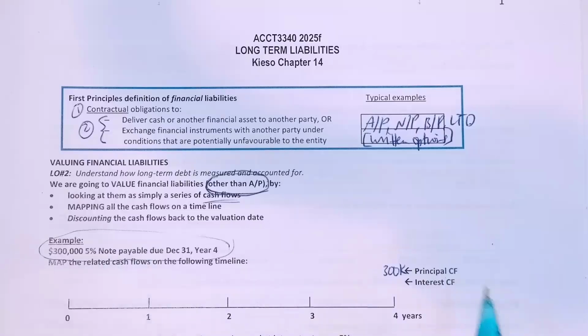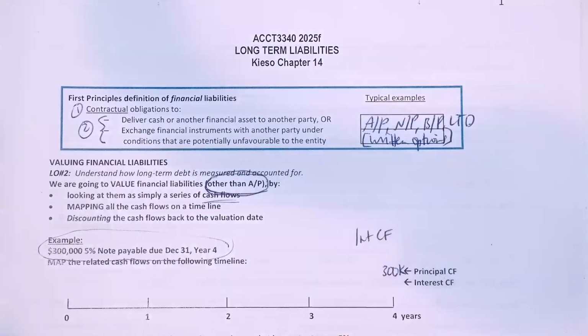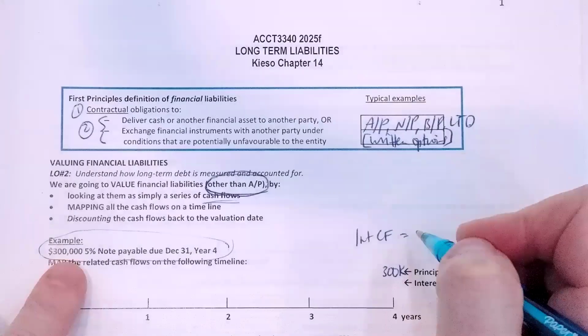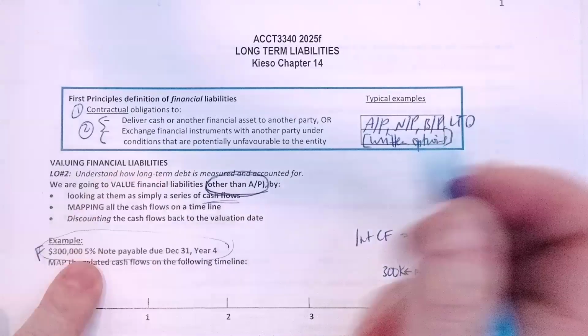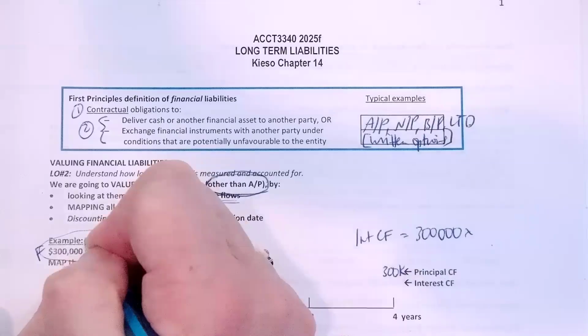So what would the interest cash flow be that is paid annually? What have we contracted to pay in interest each year? What amount? Ruby. 15,000. Yeah, so my interest cash flow contractually agreed is my face value of the note times my face interest.